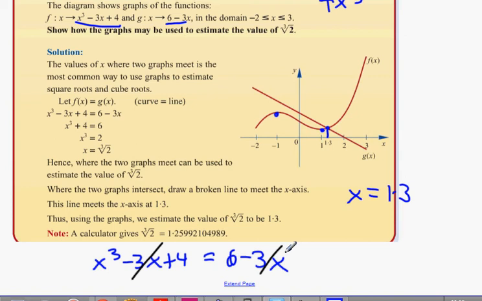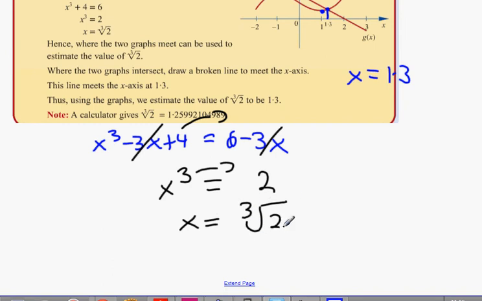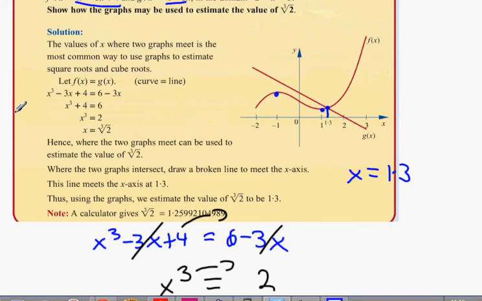Now look what happens here. When you solve it algebraically, what you're going to see is you're going to get x cubed equals 2. Okay? And bring this over to the other side, x equals the cube root of 2. The answer to this question is the cube root of 2.